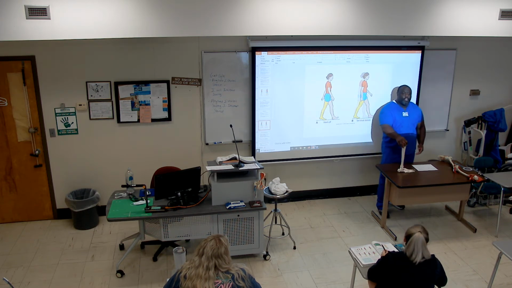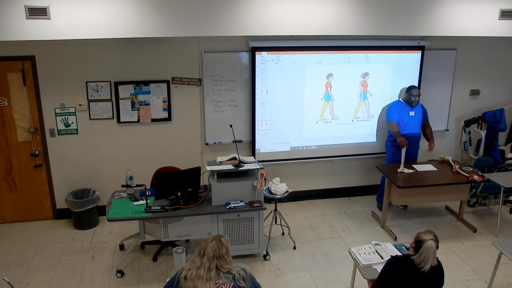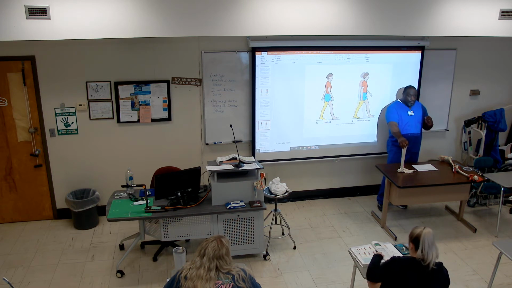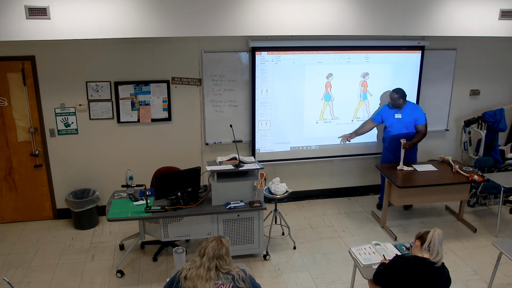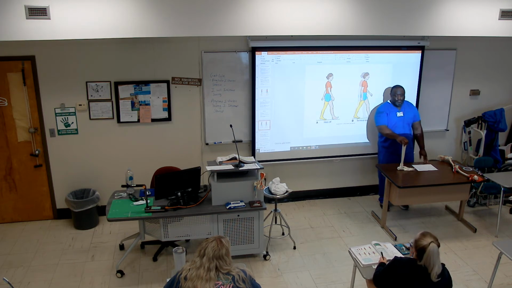So that's how I get into that 5 degrees of plantar flexion. Make sense? So the rear foot becomes open chain when my heel comes off the ground. That's why it's also referred to as heel off.